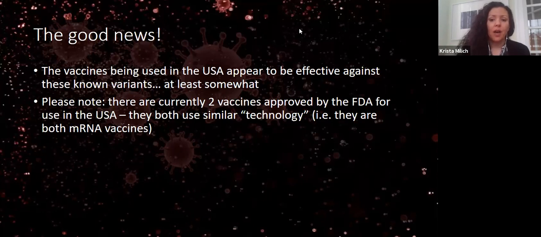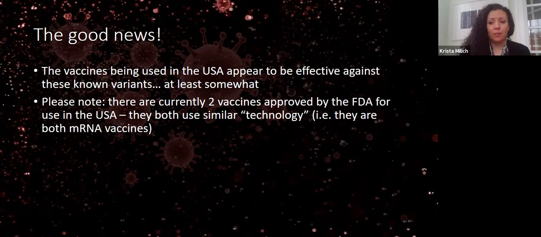But I think it is worth knowing, as we think about the potential for the vaccines to work with these different strains, that there are currently 2 vaccines approved by the FDA for use in the United States. They both use a similar technology, in that they are both mRNA vaccines.